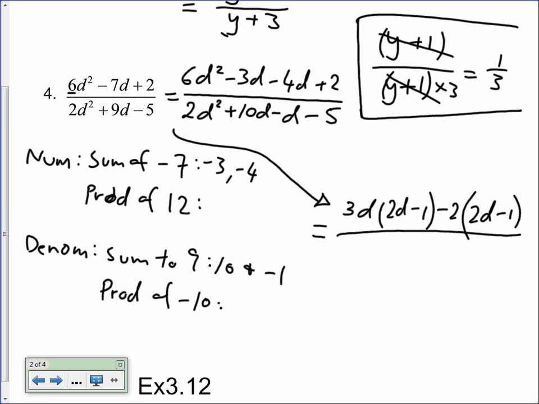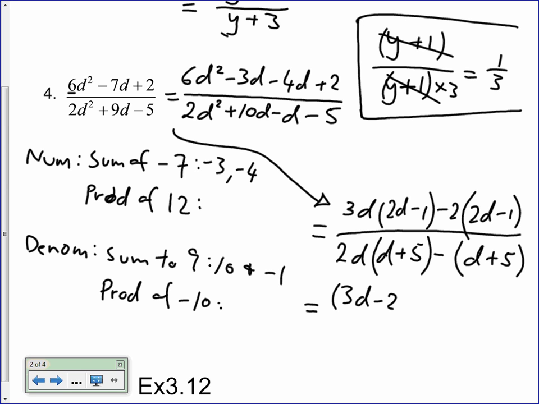Alright, now let's factorize the bottom one in pairs. I'll take out a factor of 2d, and so you get d plus 5. And then the second pair, I'll take out minus 1, d plus 5. You should be at this stage seeing what's happening. And so the top is going to go to 3d minus 2, 2d minus 1.